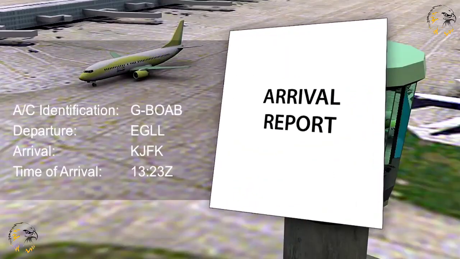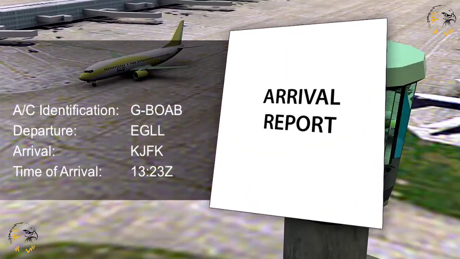The arrival report must include the aircraft identification, departure aerodrome, destination aerodrome, and/or arrival aerodrome, and the time of arrival. In most cases, and certainly at controlled aerodromes, the Air Traffic Service Unit at the destination aerodrome will carry the task of completing and filing the arrival report.